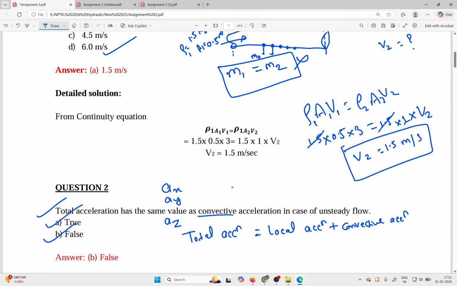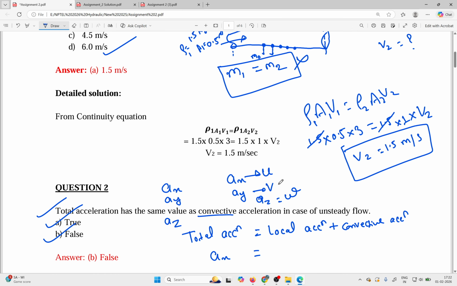So let us write ax, and the velocities: x direction velocity is u, y direction velocity is v, and z direction velocity is w.